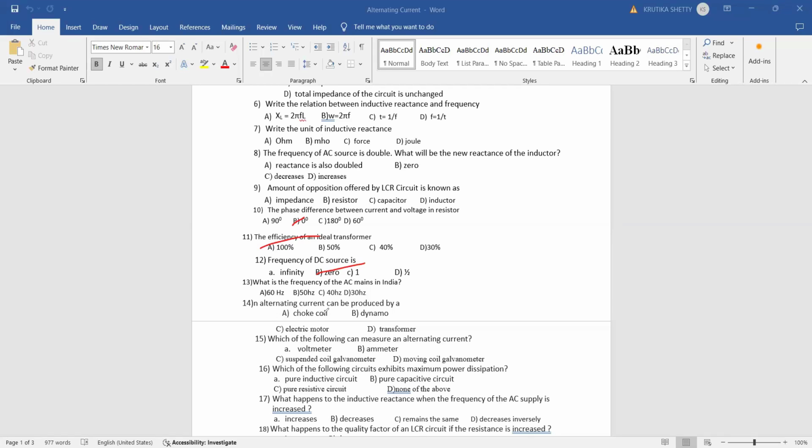Question number 14. An alternating current can be produced by choke coil, dynamo, electric motor, transformer. Alternating current.